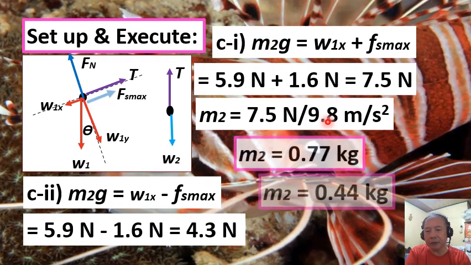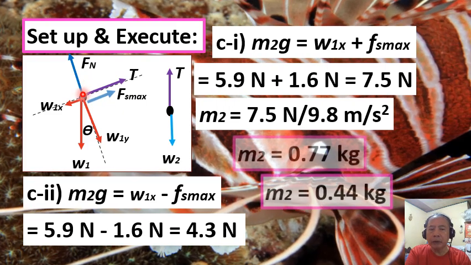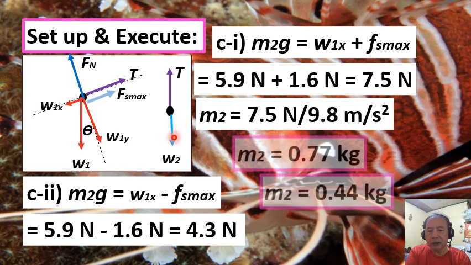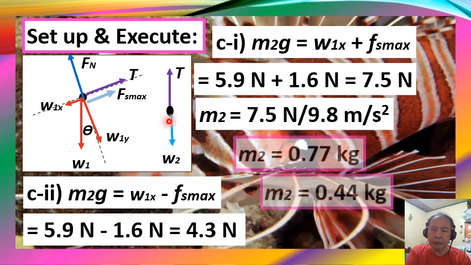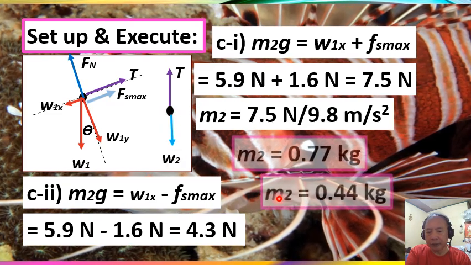In the first scenario, block number 1 will start to move from rest up the incline, with mass M2 starting to move from rest vertically downward.